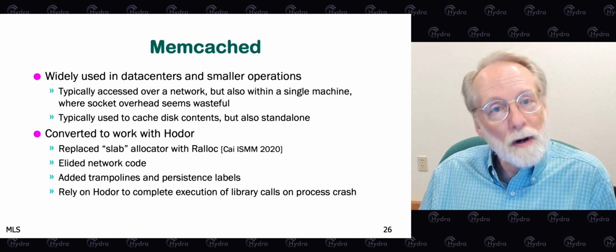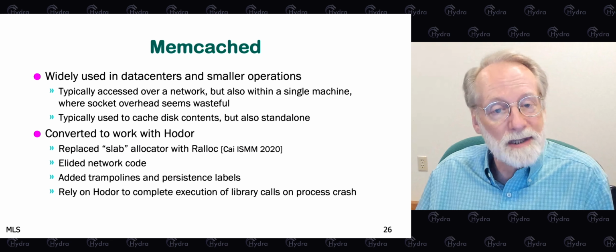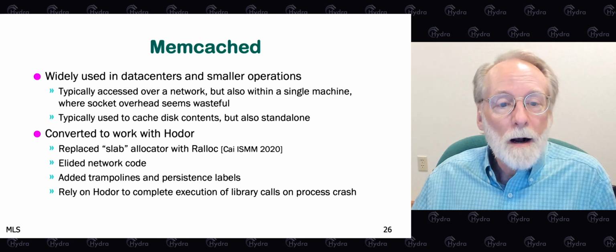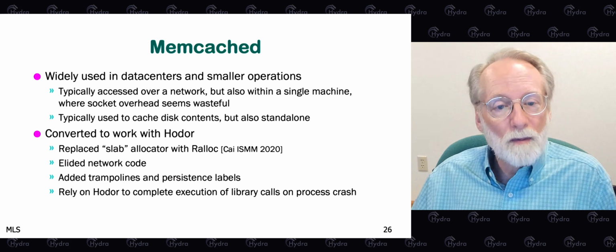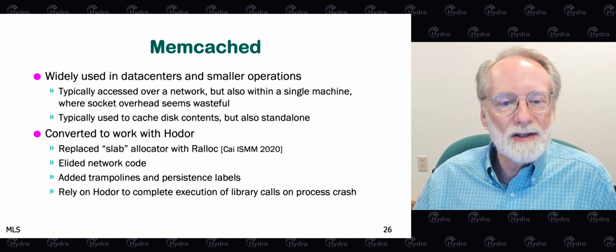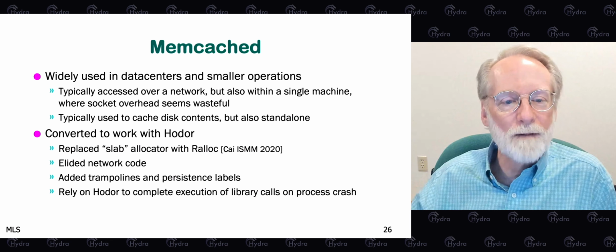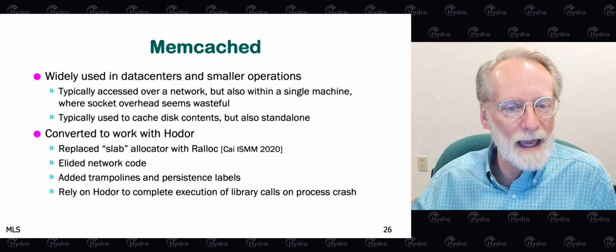If you're curious to know more about Ralloc, it's a paper by Wentao Cai and others at the International Symposium on Memory Management just this past month. With Ralloc, we got convenient access to shared data and an easy upgrade path in the future to non-volatile memory, although we did not use that yet.